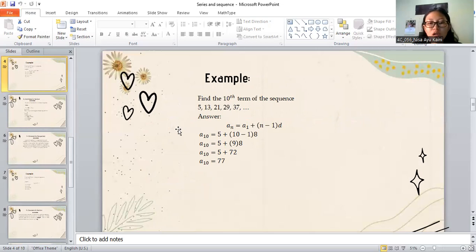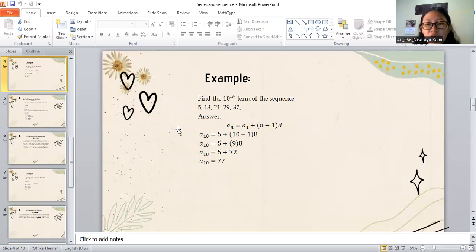Now, let's have examples in solving arithmetic sequence. I will be providing you different situations that can exist in arithmetic sequence problems. Let's start with example number 1. We will be finding the tenth term of the sequence 5, 13, 21, 29, 37, and so on.